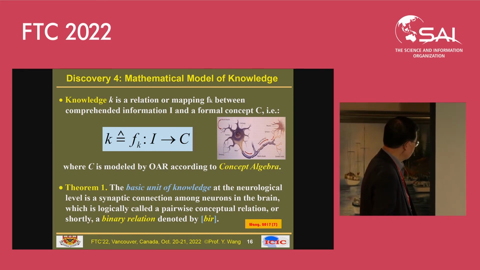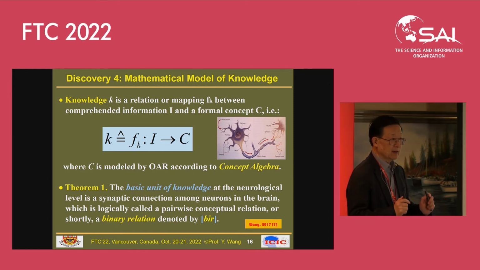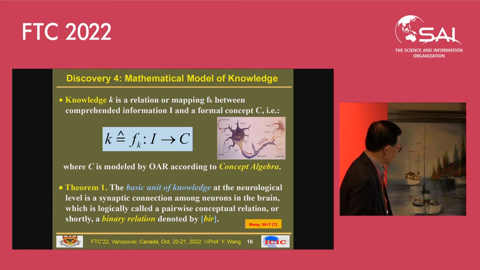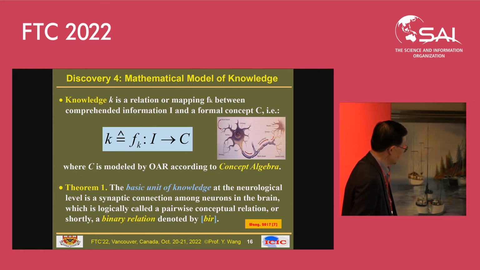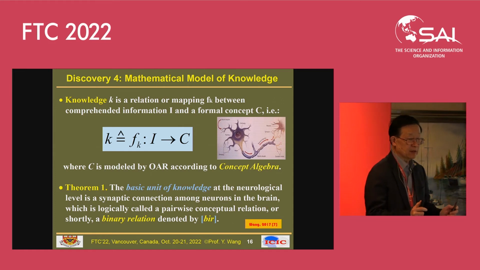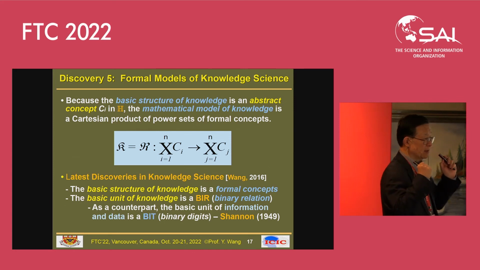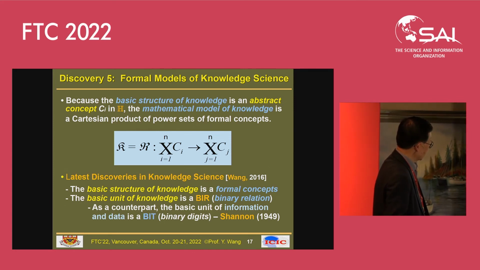So this is the basic understanding of the mathematical models of knowledge based on neuroscience and brain science. A piece of knowledge eventually becomes a concept. That's a function mapping the information you acquired to a concept. The concept is the learning result for a small unit of knowledge. Also observe the unit of knowledge is beer, not bit. This is not data, it is a relationship. Our whole knowledge base is the beers connected together.